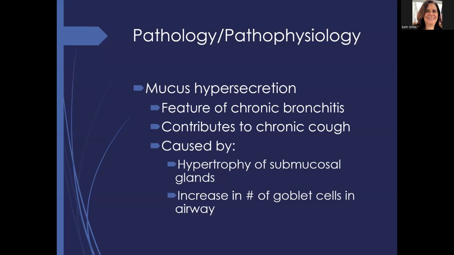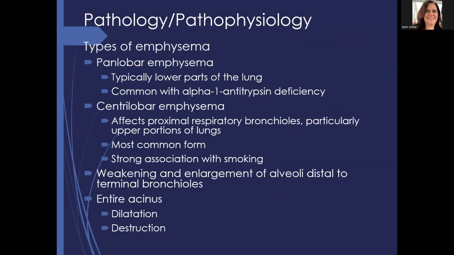It contributes to a chronic cough. If you have mucus hypersecretion, you will have chronic cough. It's caused by hypertrophy of those submucosal glands. So there's an exorbitant amount of submucosal glands, and they are just producing sputum like crazy. And an increased number of goblet cells in the airway. Again, they are producing increased amounts of mucus.